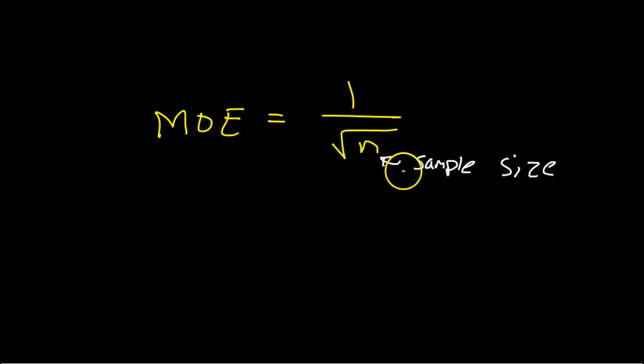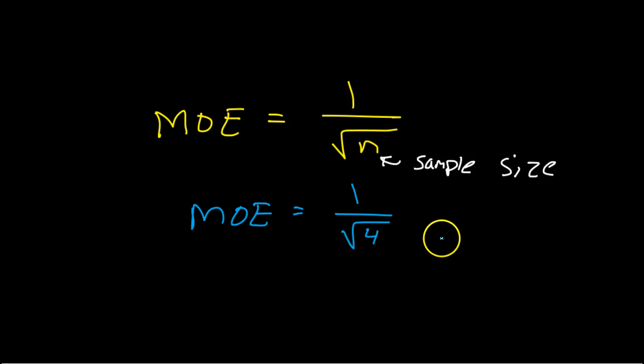Now let's see what happens as the sample size increases. Margin of error. Let's say if the sample size was 4, all right, 4 people in the survey or whatever, then the margin of error would be 1/2, which is the same thing as 0.5, which is the same thing as 50%.